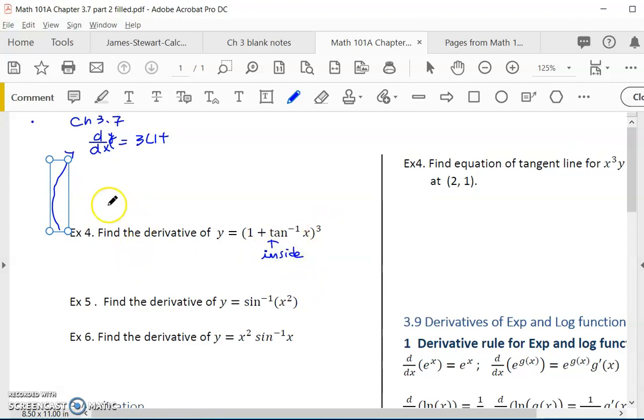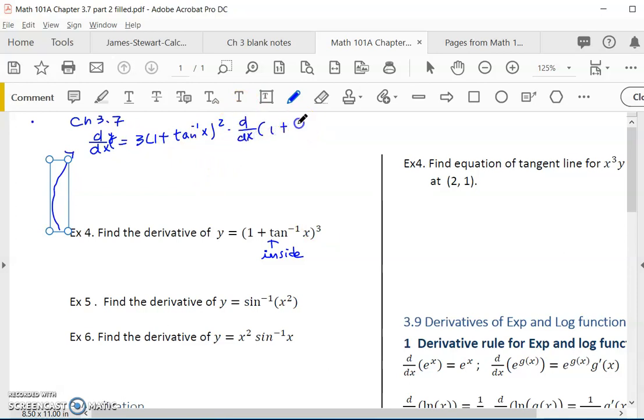So use the general power rule: 3 times 1 plus arctangent inverse x, just copy the whole thing, but squared, because it's as if I'm doing the derivative of u cubed. So it would be 3u squared times d dx of the whole inside.